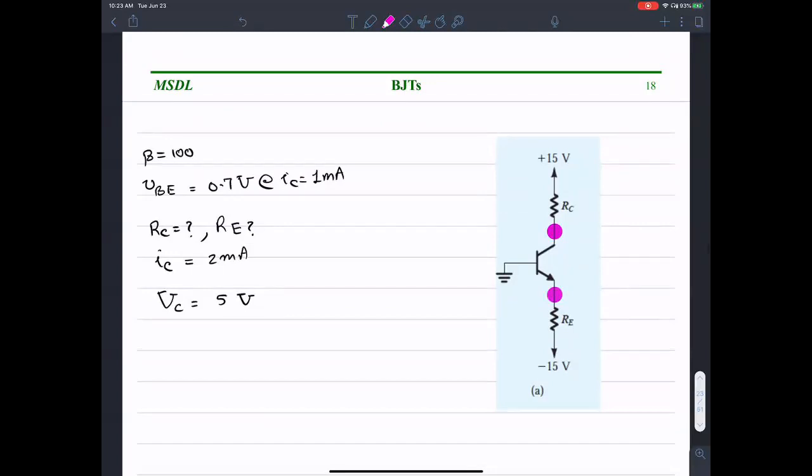We are given the VC and we have 15 volts on the upper node. So RC equals 15 minus 5 divided by 2 milliamperes. Yes, 2 milliamperes, that's the required current.